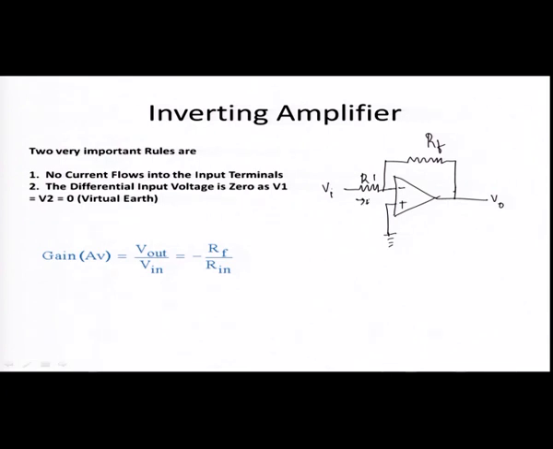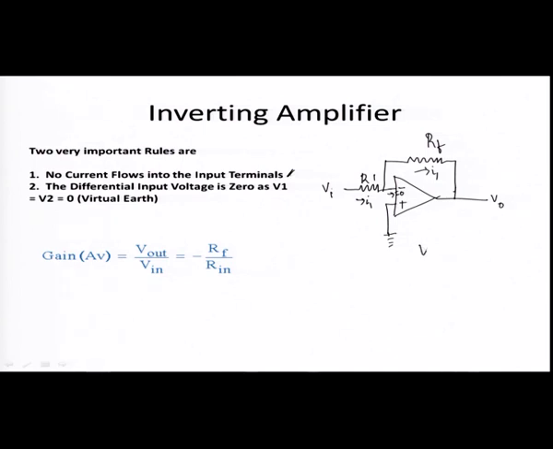Consider the current flowing through the resistance R1 as I1. The same current will flow through the resistance RF. Why? Because the current into the input terminal is equal to 0, as we have assumed no current flows into the input terminal since the input resistance is infinity.